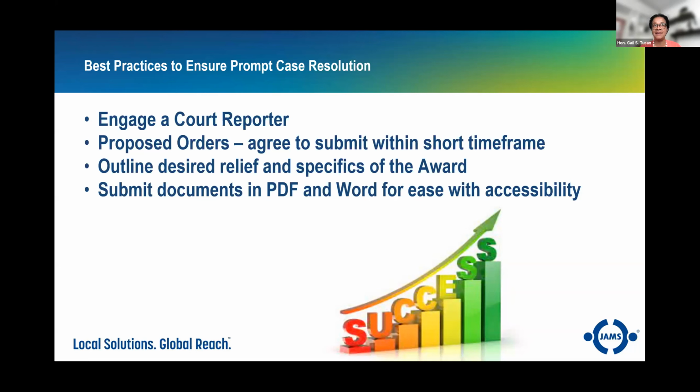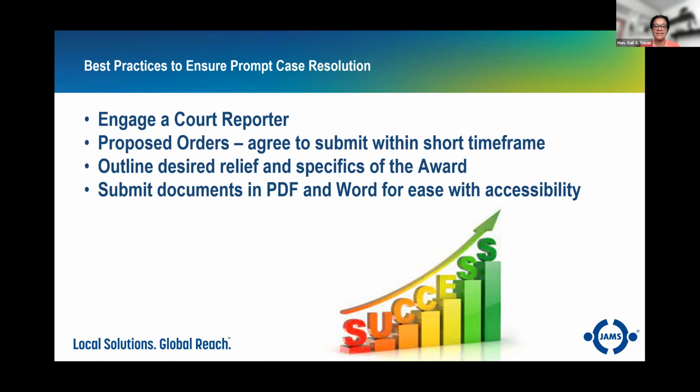You should not be shy to do that. You may even offer to do that. In the end, I think it will behoove everyone representing a party in an arbitration to have that specificity.